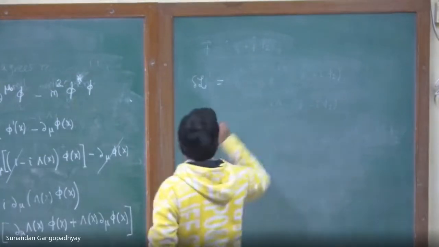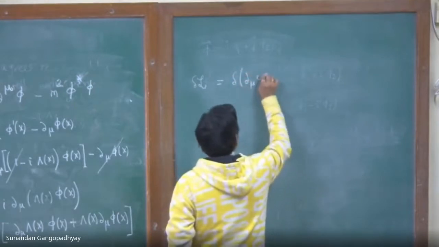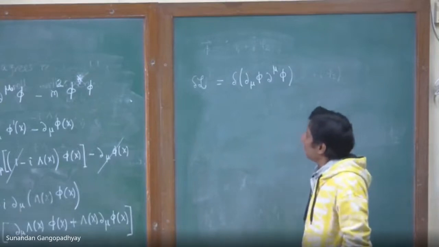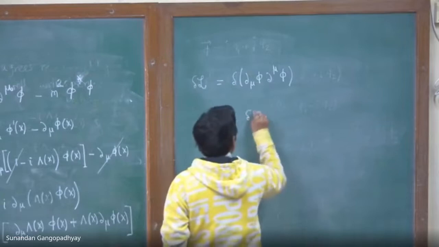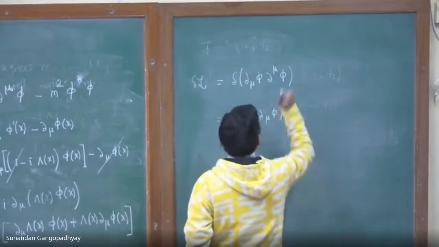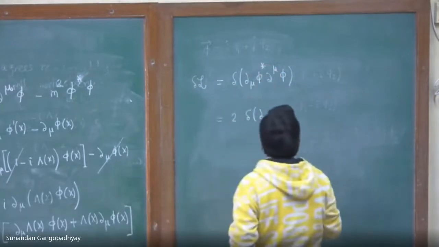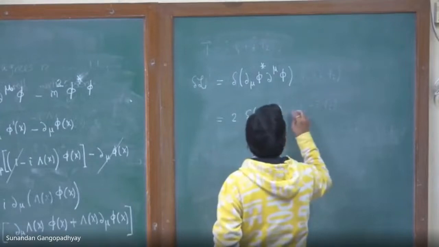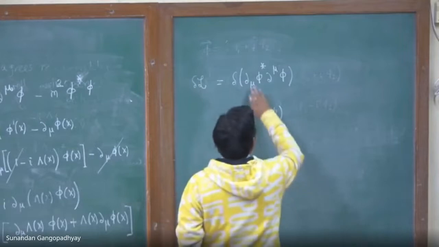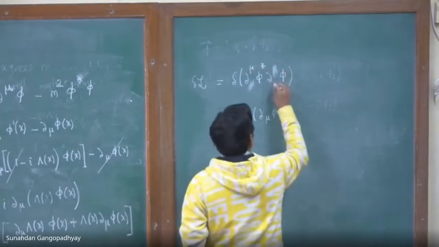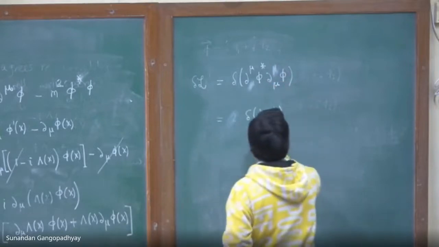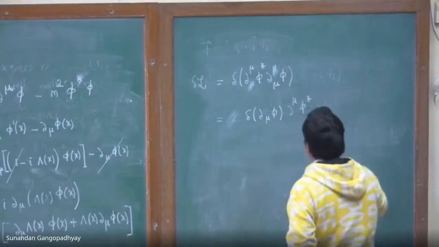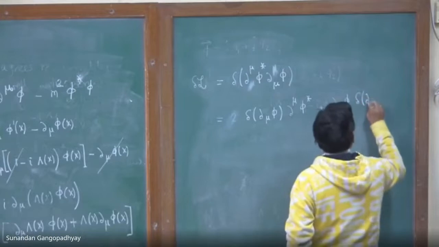So the only change will come from the first term, the kinetic term, delta of del mu phi del mu phi star. So this will be delta of del mu phi into del mu phi star, plus del mu phi into delta of del mu phi star.